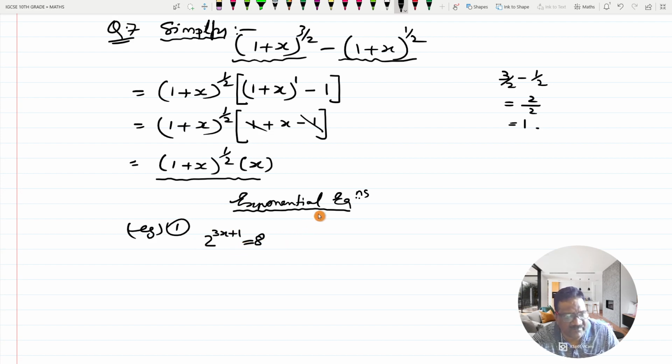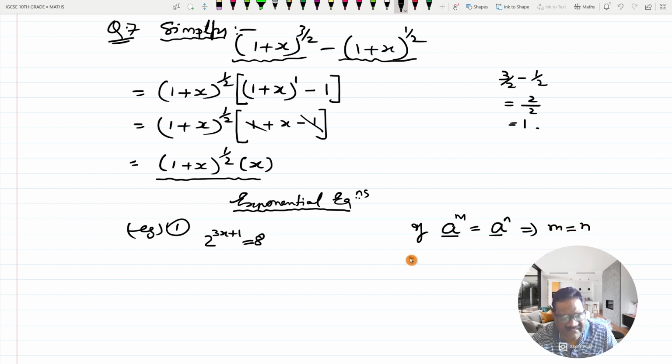Before I proceed with the examples, let me tell you something about this exponential equation. There's a law which says that if a raised to m is equal to a raised to n, you can see here the bases are the same on both sides, left hand side and right hand side, that is a. If that is the case, then you can always say that the indices or the powers are also the same. So m is equal to n.